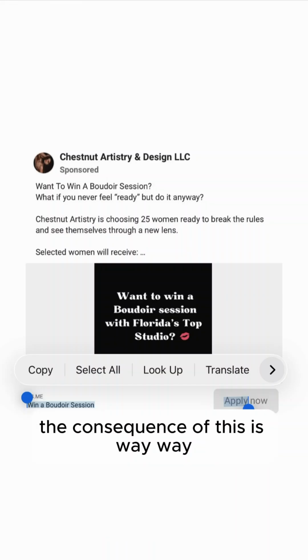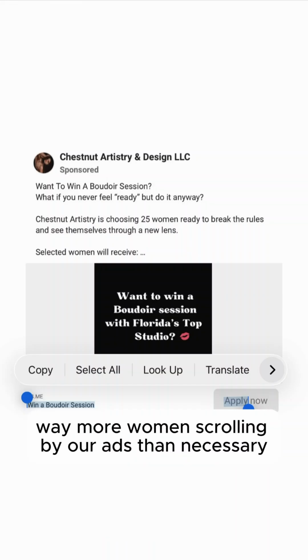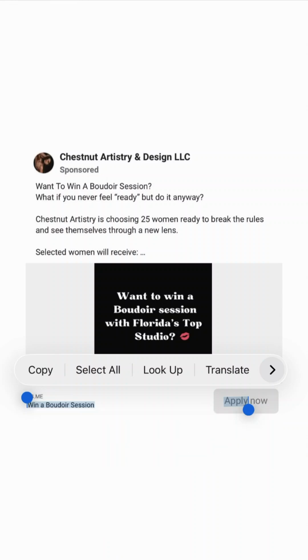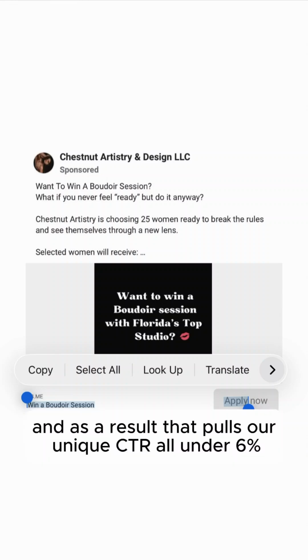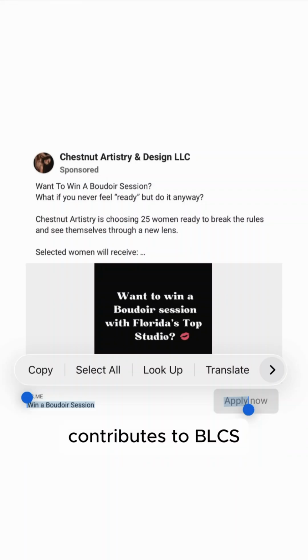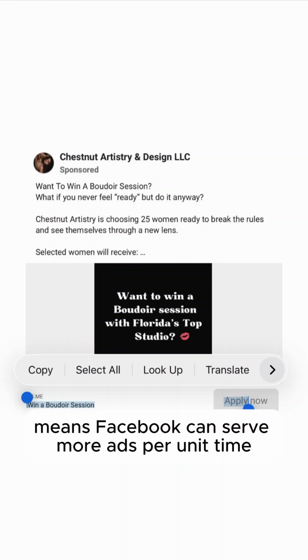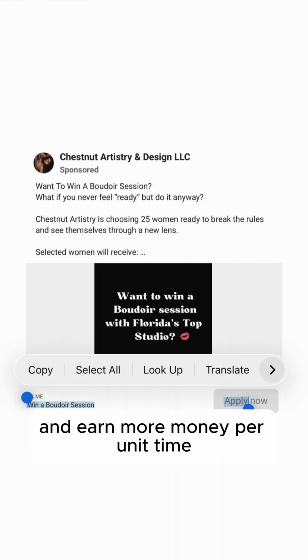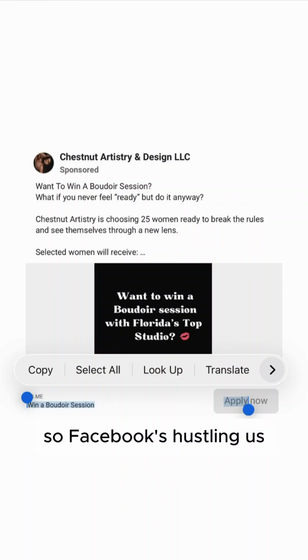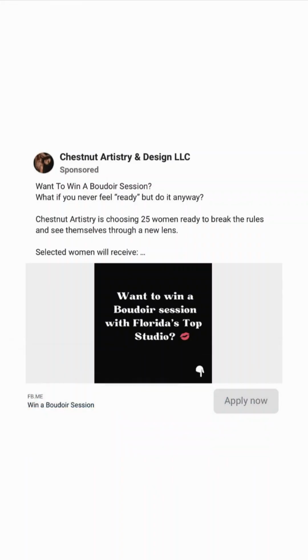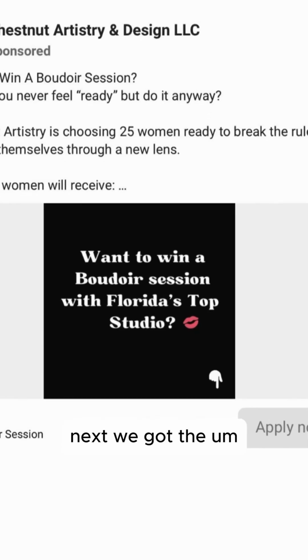The consequence of this is way more women scrolling by our ads than necessary. And as a result, that pulls our unique CTRL under 6%, which contributes to BLCS. Facebook's happy though. More women scrolling by our ad per unit time means Facebook can serve more ads per unit time and earn more money per unit time. So Facebook's hustling us.